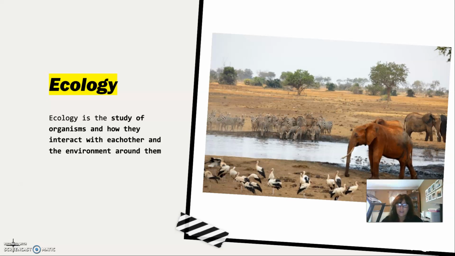So it's the study of organisms and how they interact with each other and with the environment around them. So it's not just interspecies interactions, it's also between organisms and the non-living part of the environment.